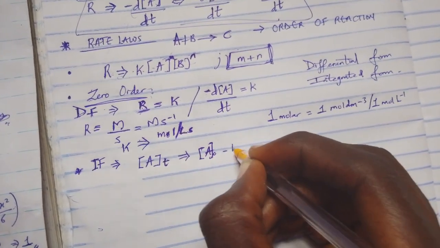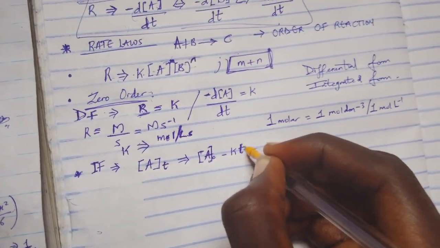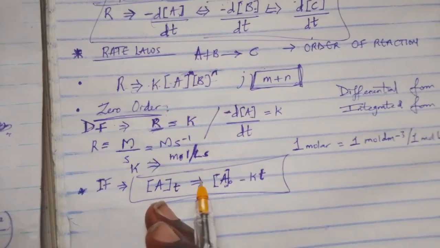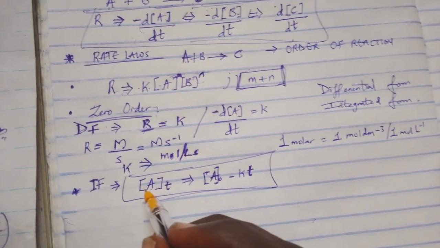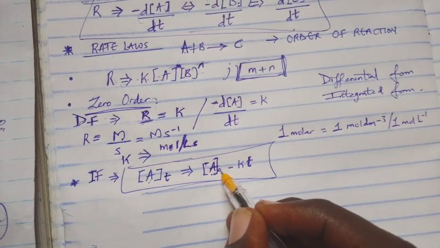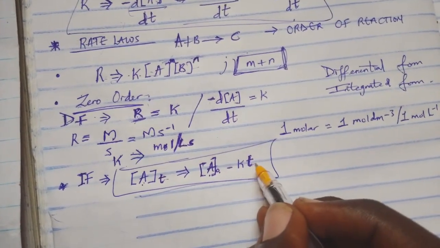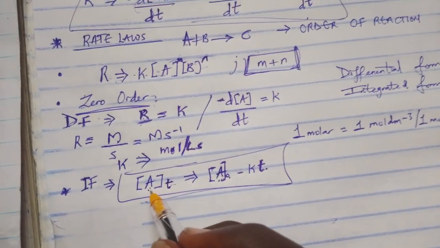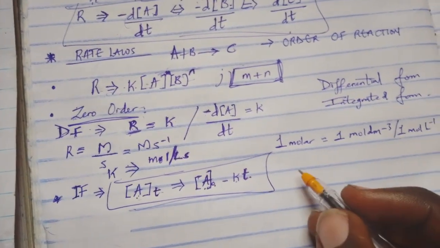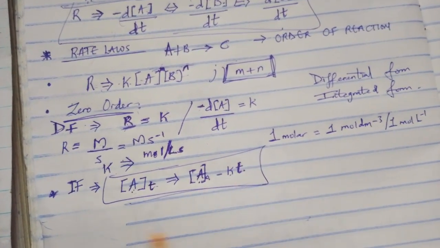[A]t equals [A]0 minus kt. So this is the integrated form that we have to know. This [A]t is the final concentration, this [A]0 is the initial concentration. This t means after this time, the concentration that is remaining. And the k is the rate constant, as we all know. So this is the formula for it.